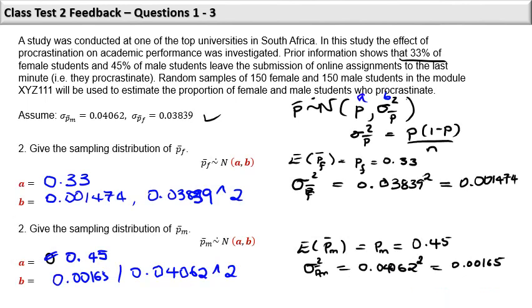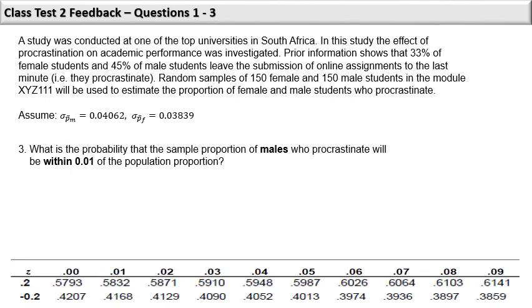So for the next question, we are asked, what is the probability that a sample proportion of male who procrastinate will be within 0.01 of the population proportion? Now, the question is, what is the population proportion?